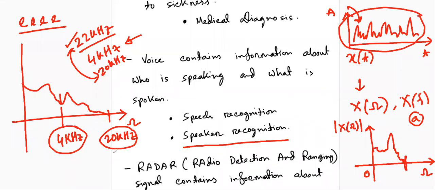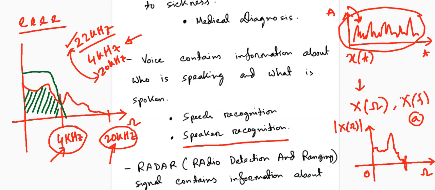Whether you took the signal with 20 kilohertz or with only 4 kilohertz, there is a big difference. In most cases, we put in a filter which helps us take only the signals up to 4 kilohertz, and then we can process it.